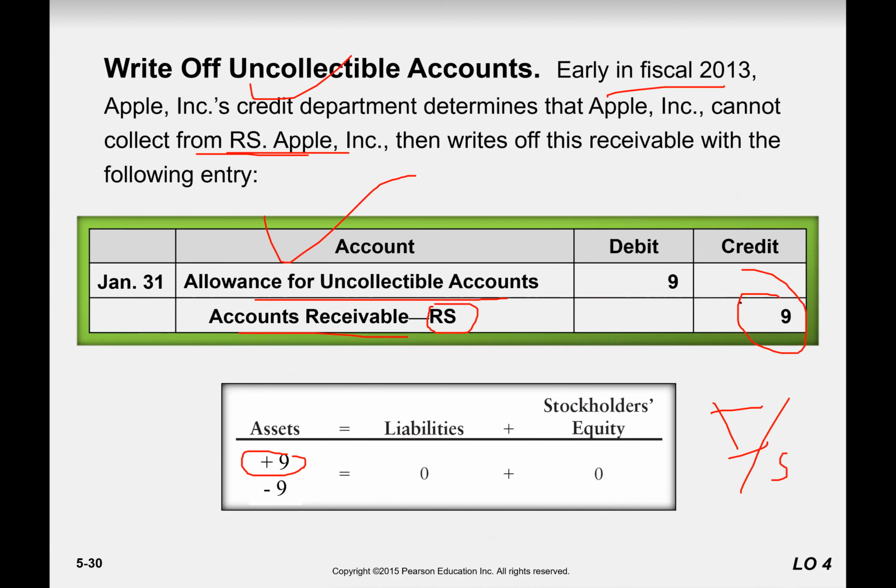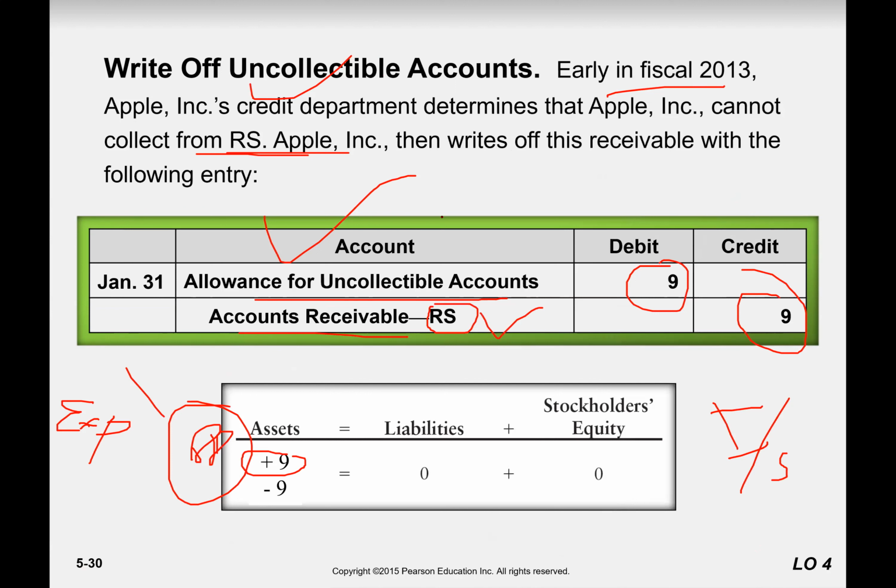Why? Because we already expensed $88 million to the income statement as uncollectible expense. So we directly charge our allowance to the account receivable.